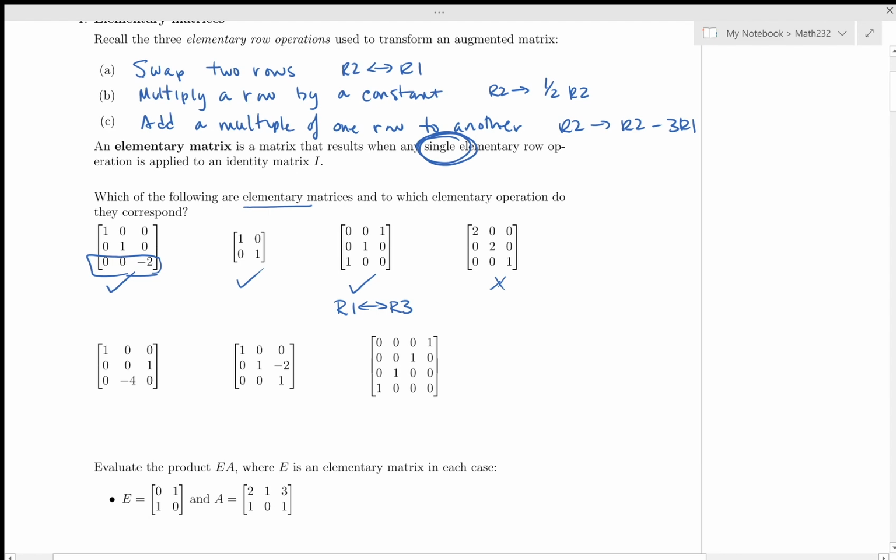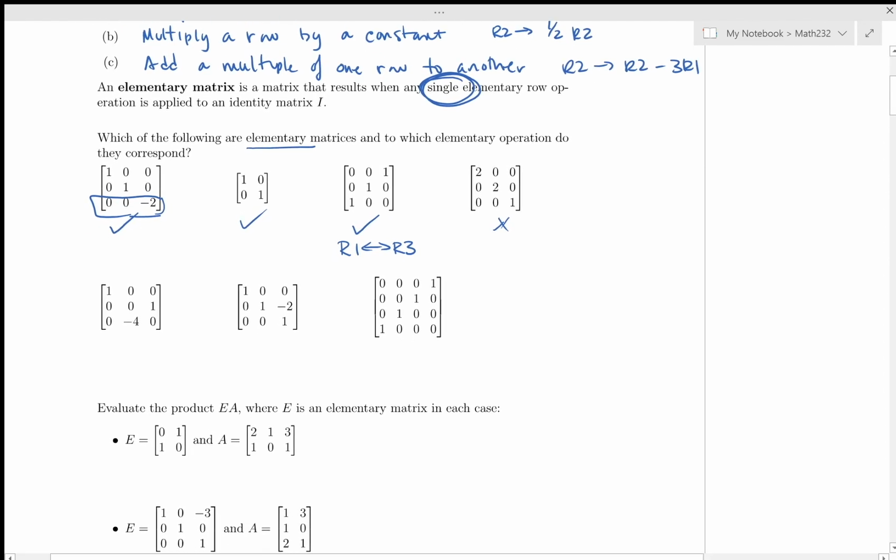So that one is not an elementary matrix. How about this one here? No. Why? Because you'd have to swap rows 2 and 3, and you would also have to multiply that newly swapped row 3 by minus a quarter. So that's 2 row operations.